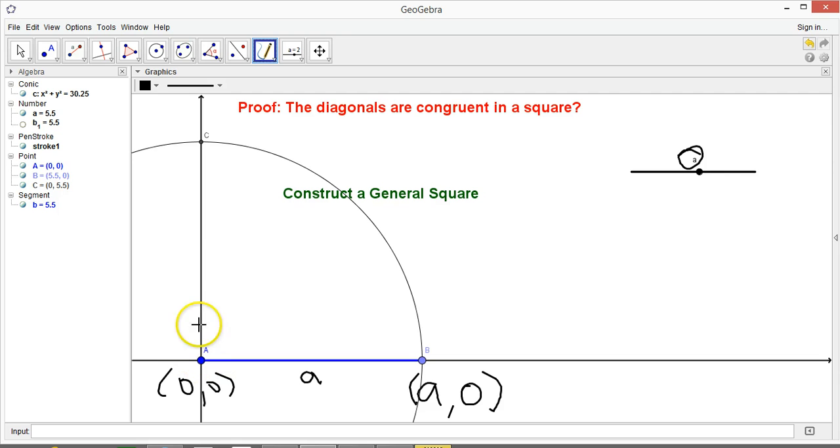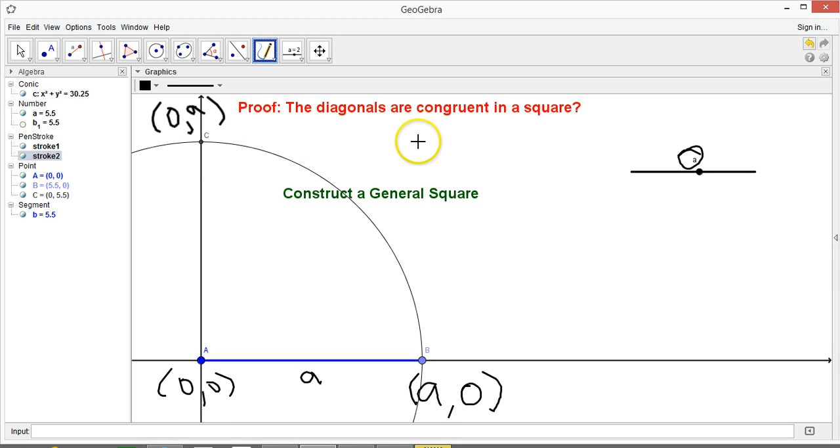And if you think about it, its location or its ordered pair, it didn't go any left or right, so the x-coordinate is 0. And it went up the same length as this segment, so it went up A units. And then to find our square, wouldn't we have to go over A units, like B here, and up A units like C here?